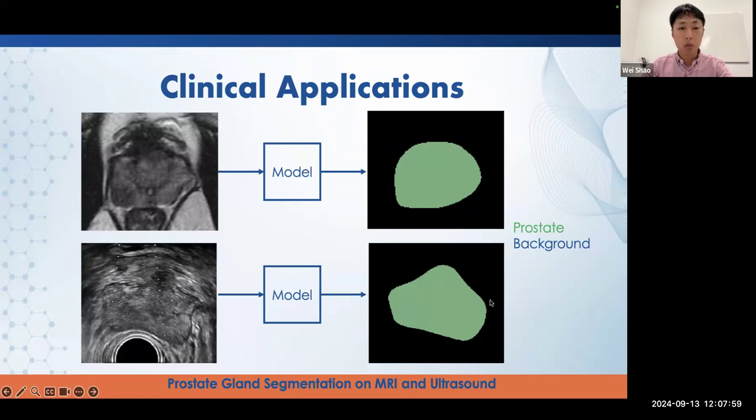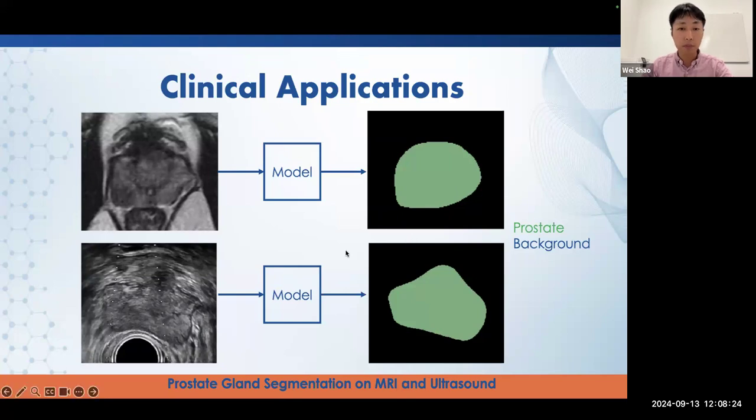During the treatment, we will only have access to the ultrasound image, and then we need to fuse the MR images with the ultrasound image. So we first outline cancers on MRI, and then we project them onto the ultrasound image to guide the biopsy and diagnosis of cancer. So image segmentation really helps to improve the accuracy of this fusion process and the accuracy of biopsy performed by the urologists.